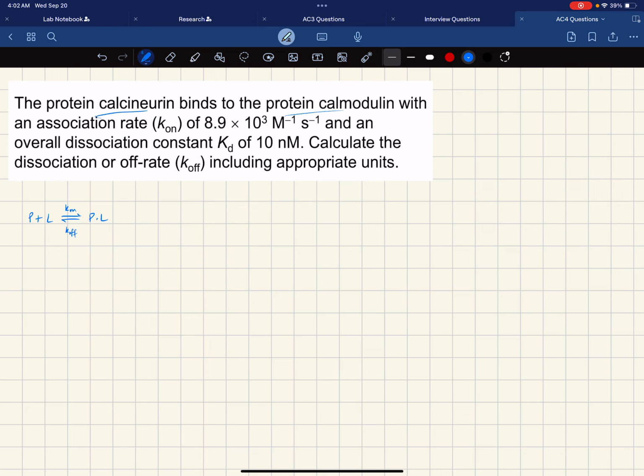And so we're given that K on is 8.9 times 10 to the third per molar per second. And we also have KD, the overall dissociation constant, of 10 nanomolar.